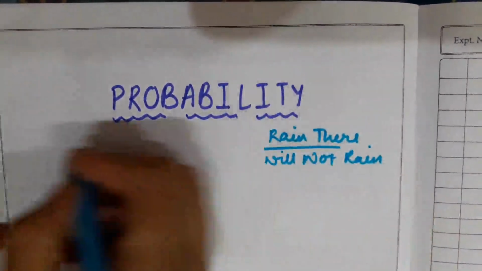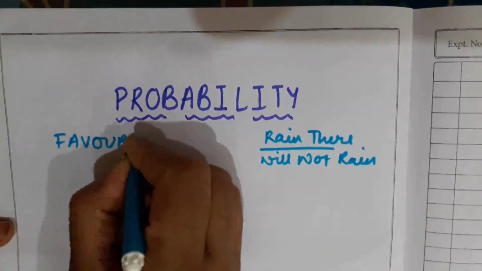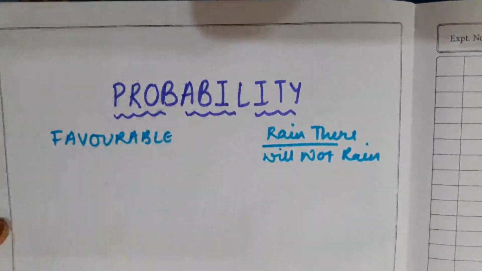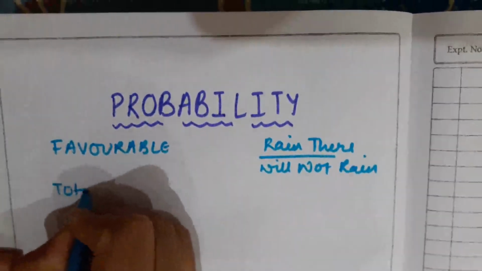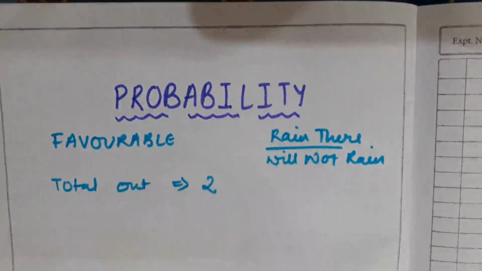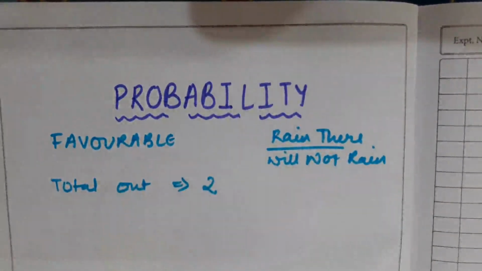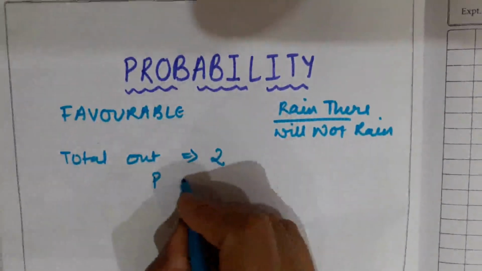So these options are called favorable situations, and the second term is total outcomes. Total outcomes will be 2 here because two options are there. Now if I say rain is there, how can you represent the probability?